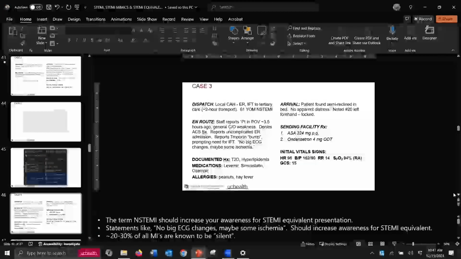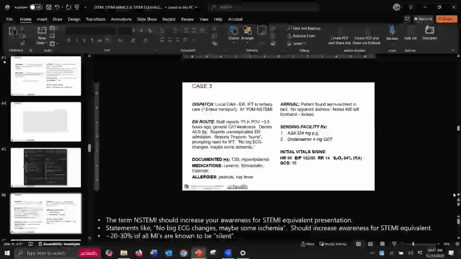Sending facility treated with 324 milligrams of aspirin and 4 milligrams of Zofran. Heart rate of 96, blood pressure 162/90, respiratory rate of 14, a room air saturation of 94%, and a GCS of 15. Thoughts? What are you taking?